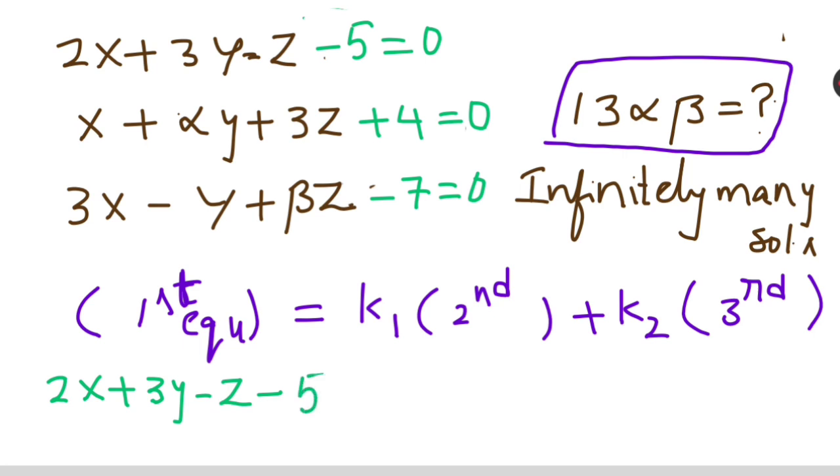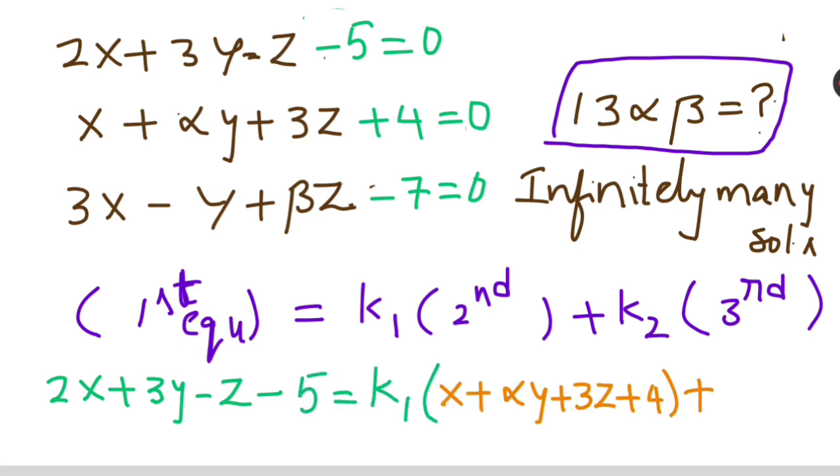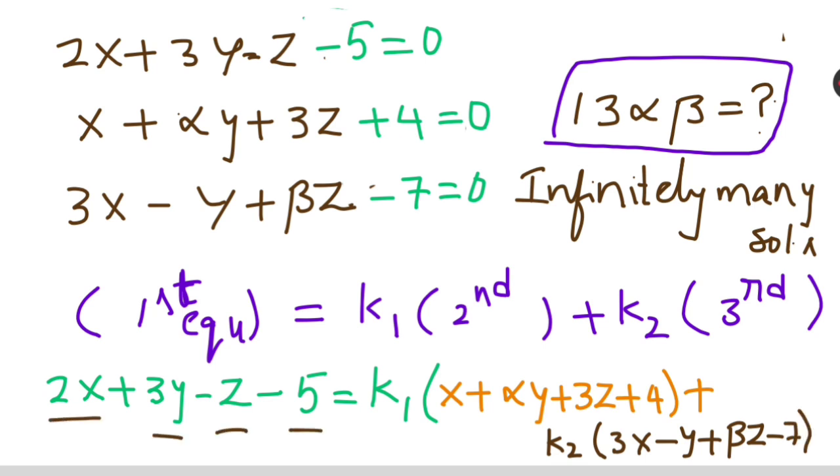So this first equation is equal to k1 times the second equation plus k2 times the third equation, which is 3x plus 5y plus beta z minus 7. Now we can compare the equations. On the left hand side we have x, y, z and a constant term, and the right hand side also has x, y, z and a constant. So first expand the RHS, then we can compare.